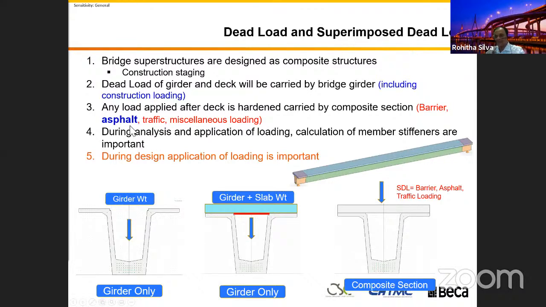You will see this later, because during the actual construction, this 50 millimeter thick asphalt could be 100 sometimes. It depends on the way we build the bridge. These things we need to take into account.